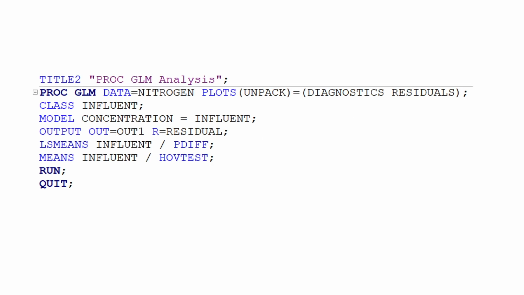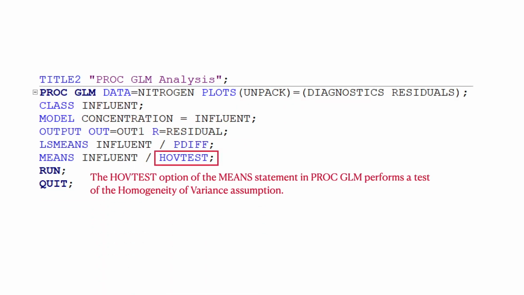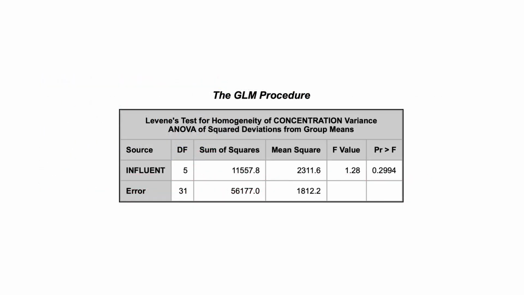Next, let's look at the constant variance assumption of the error terms. Here in the GLM procedure, we issued the MEANS statement, and as an option to the MEANS statement, we had the HOVTEST option. The HOVTEST option of the MEANS statement in PROC GLM performs a test of the homogeneity of variance assumption. This table provides the results of that test.